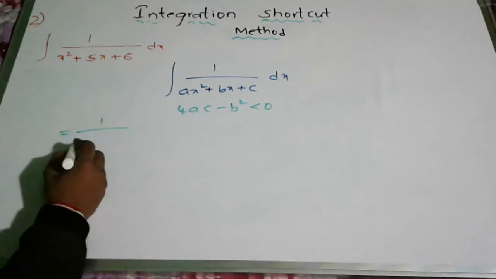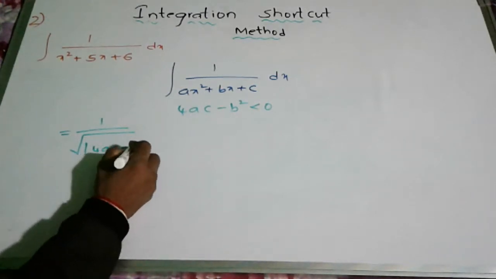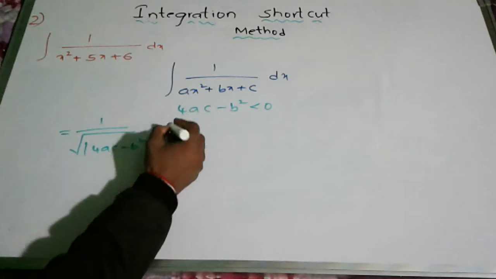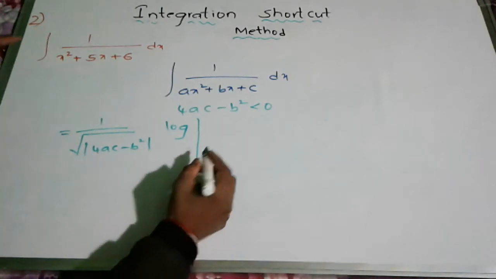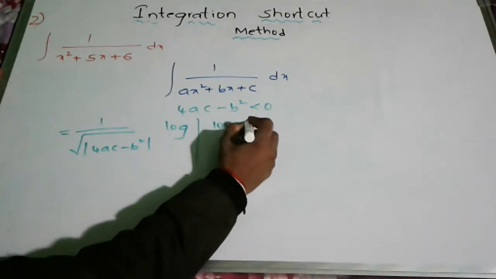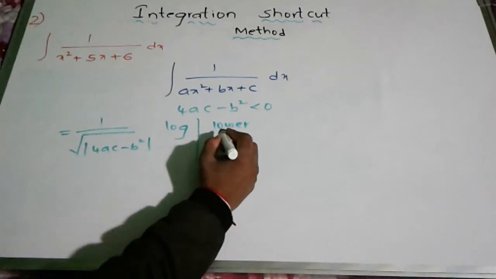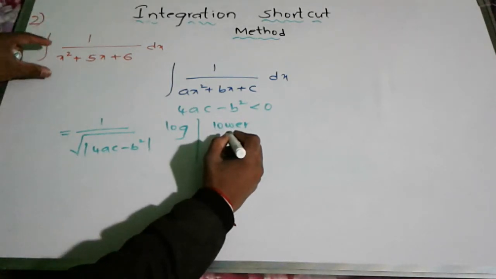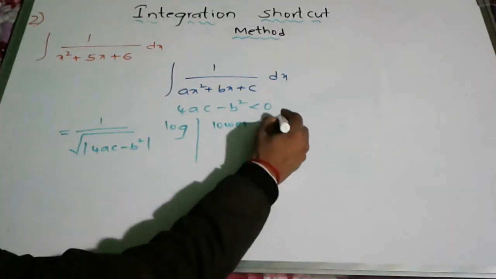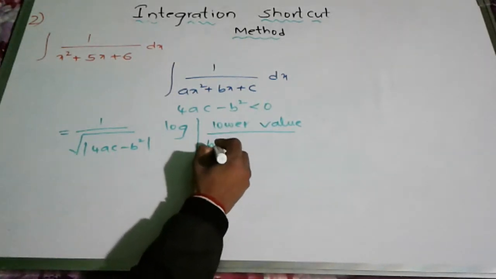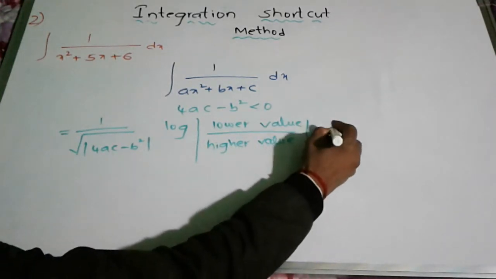That is 1 upon root mod of 4ac minus b square times log of the lower value upon the higher value, plus c.